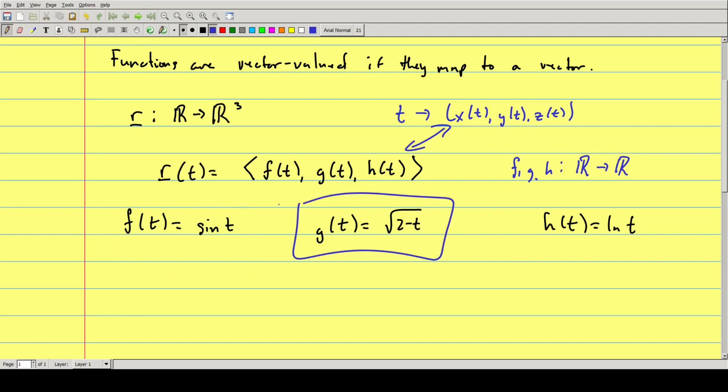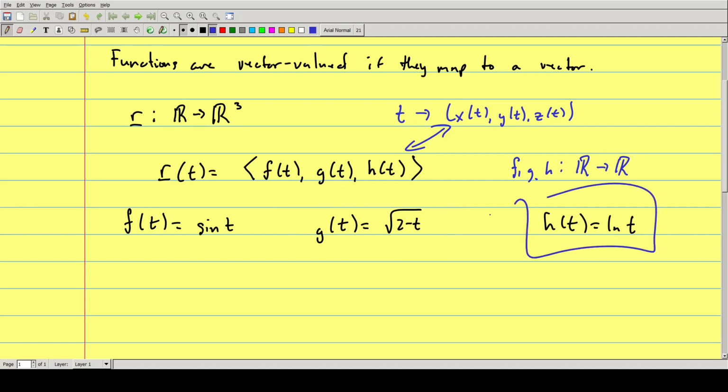This one is defined for values of t that are greater than or equal to 2. Sorry, less than or equal to 2. And this is defined for values of t that are greater than 0.